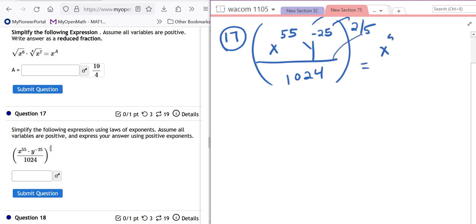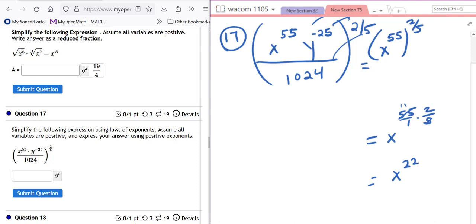So x to the 55 to the 2/5, and those are going to multiply. 55 over 1 times 2 over 5. And that will give us, the 5 will cancel into the 55 11 times. 11 times 2 is 22. So I have x to the 22.